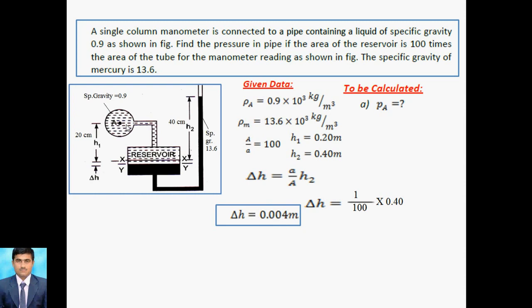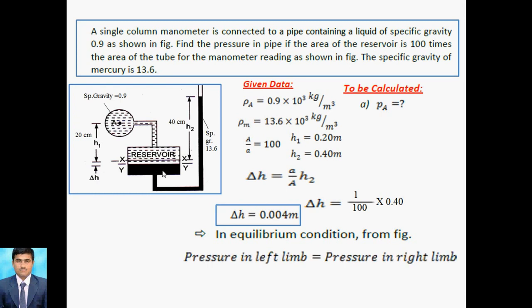Now we connect for the right limb and left limb. First of all we go for equilibrium conditions from the figure, first the left limb and then the right limb. This section is called the left limb, and this section is called the right limb.